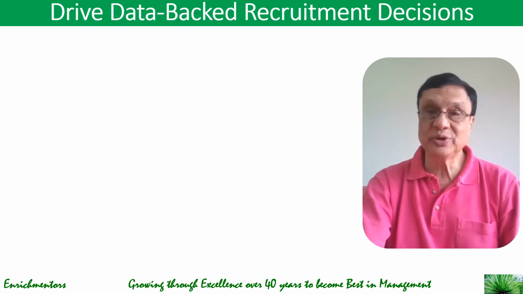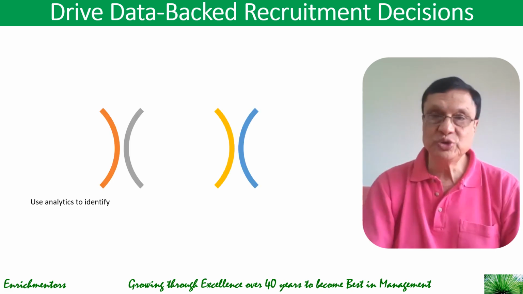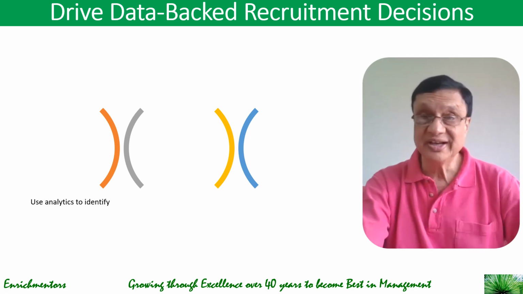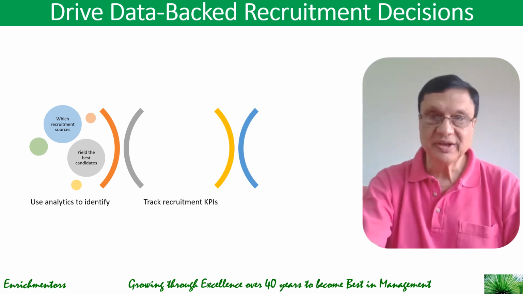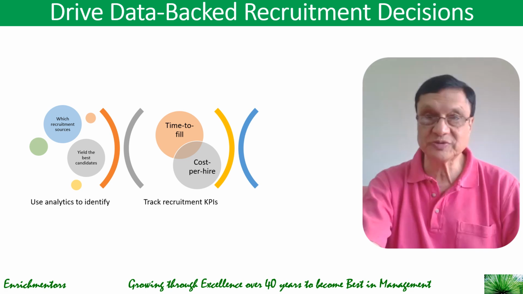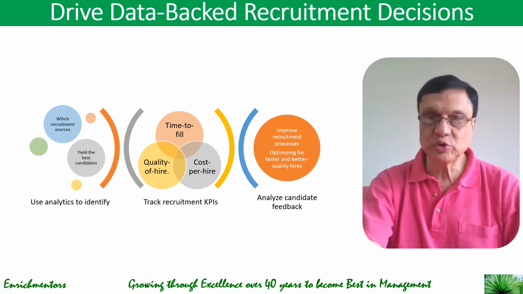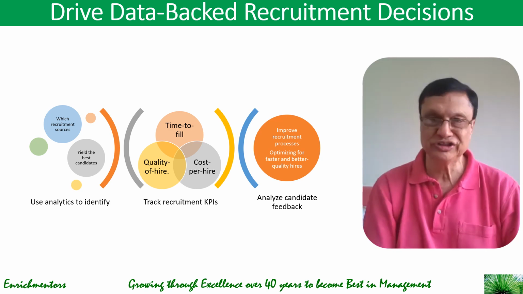Drive data-backed recruitment decisions. Improve sourcing and selection by using analytics to identify which recruitment sources, like job boards, referrals, LinkedIn, yield the best candidates. Track recruitment KPIs like time to fill, cost per hire, and quality of hire, and analyze candidate feedback to improve recruitment processes, optimizing for faster and better quality hires.